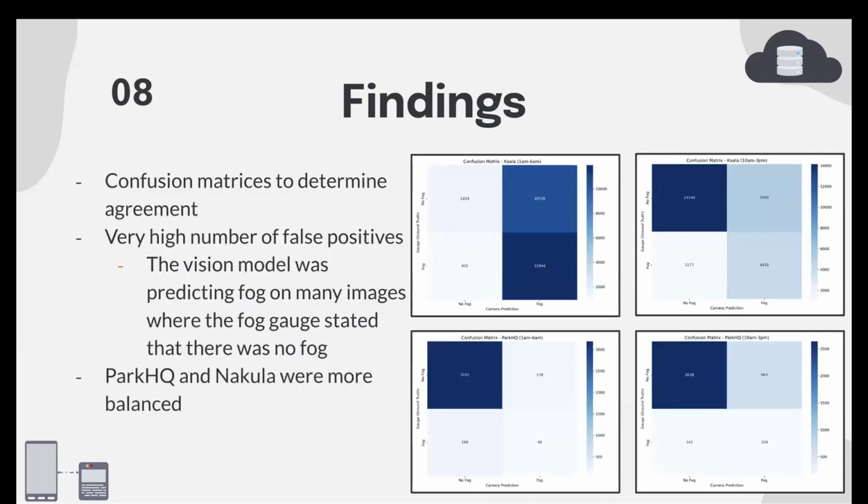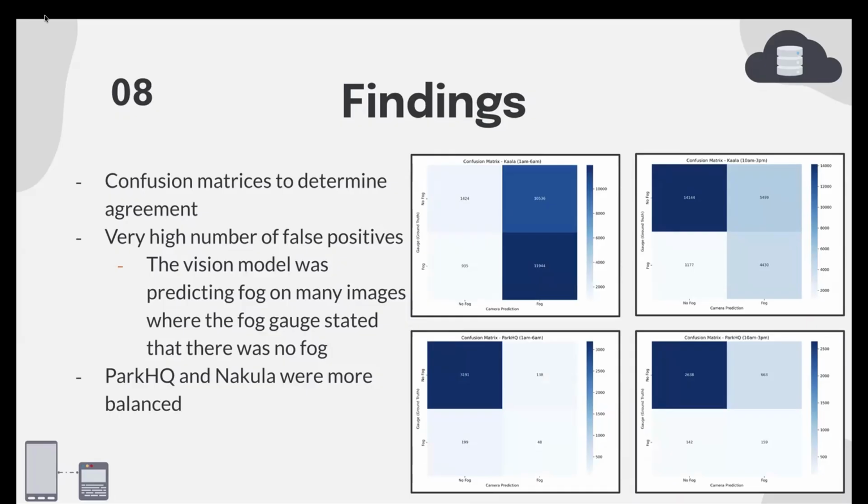And in addition, to look at the agreements a little better, I created confusion matrices for all three sites. And we can see that for the Ka'ala site on the top, there are, as mentioned before, a lot of, I believe, false positives where the camera would detect fog, but then the gauge would detect no fog.